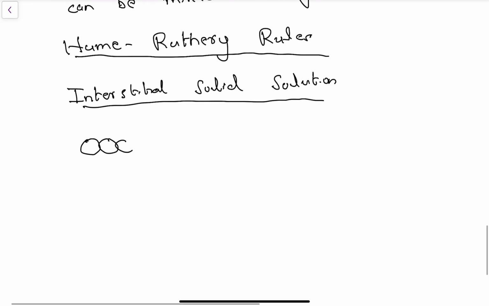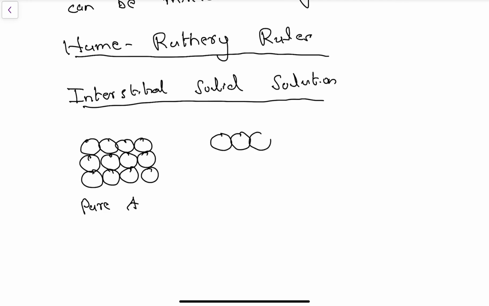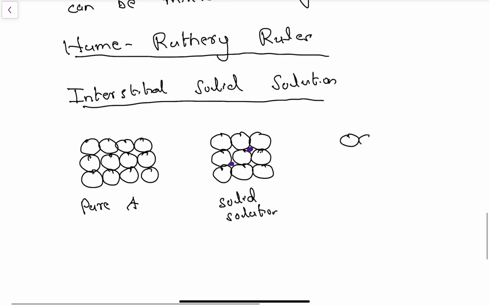So first, let us take the pure metal A. This is a cartoon picture, that is pure A. When you alloy it, that is, when you add the solute atom to form an interstitial solid solution, you can see you can have a solid solution up to like this.